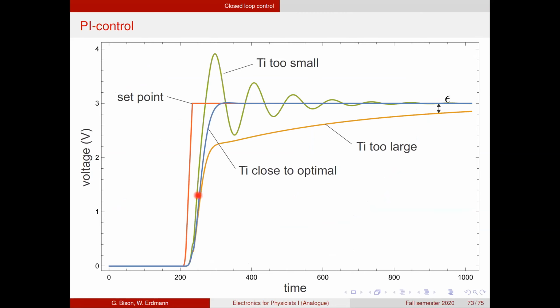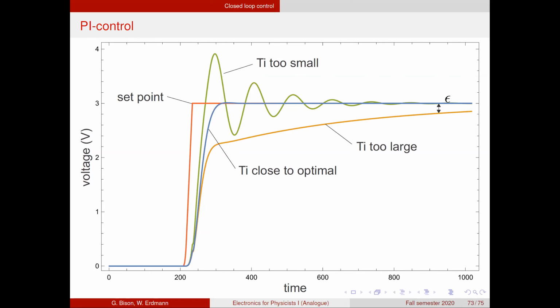I've mentioned that this reaction time that we see here is roughly the fastest you can go in a certain system. The time constant of our process does not allow us to go significantly faster than the blue curve here. But sometimes it's not desirable to go as fast as possible.